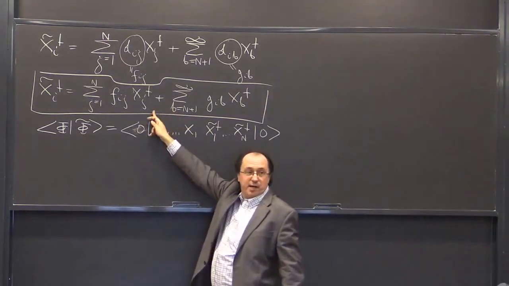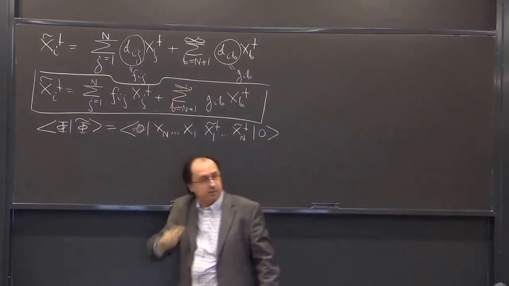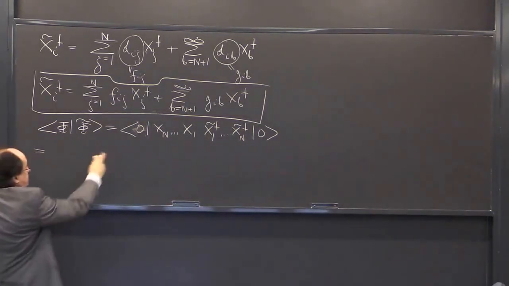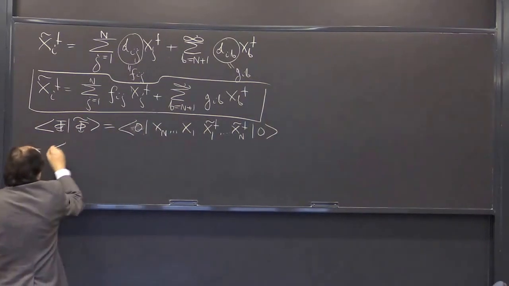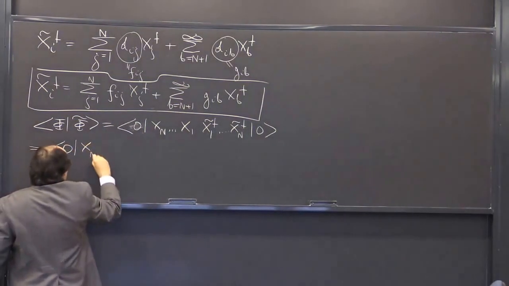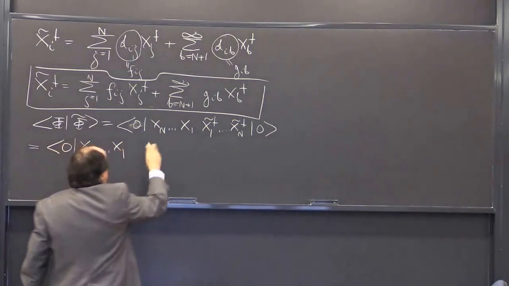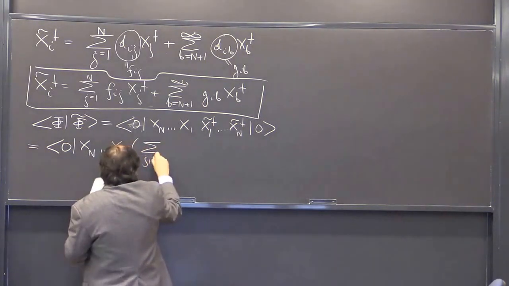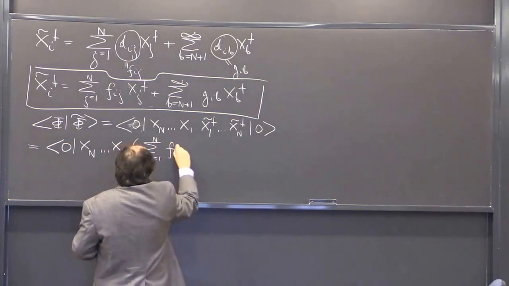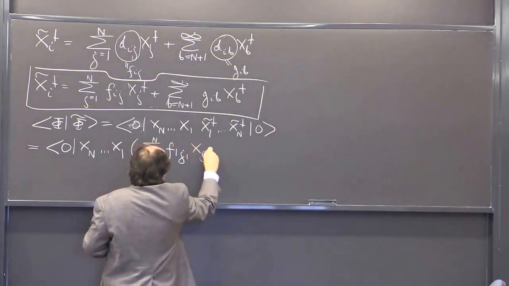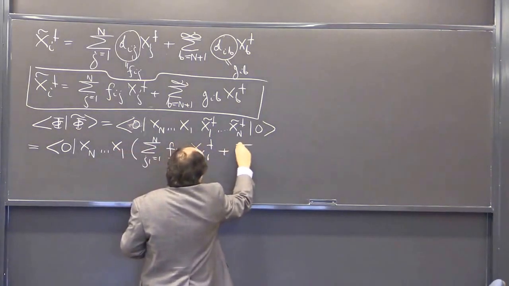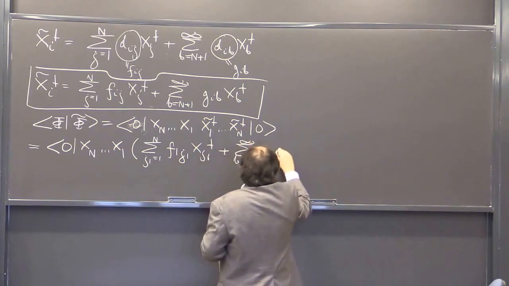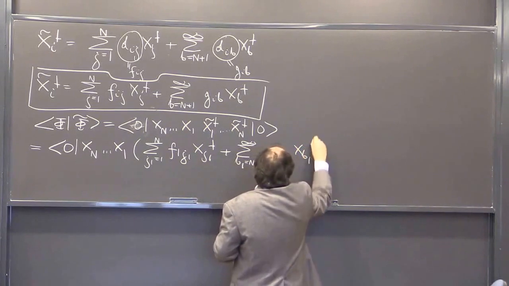So I'm going to stick this formula into this formula. It's going to be a little bit of a mess for a moment. It always is, right? But we'll, of course, eventually clean it. So what you'll end up with is this. We have vacuum, a product of the annihilation operators, and then for x1 dagger, we'll have a summation over, say, let's call it j1, running from 1 to n, f1 j1 x j1 dagger, plus a summation over b1 from n plus 1 to infinity, g1 b1 x b1 dagger.